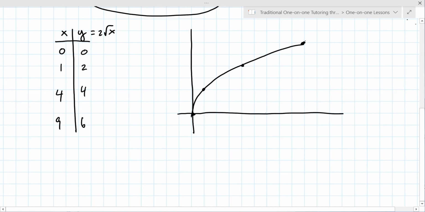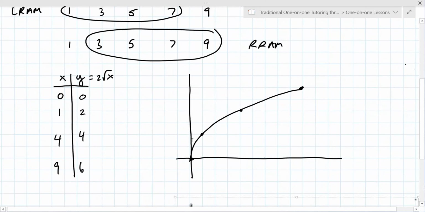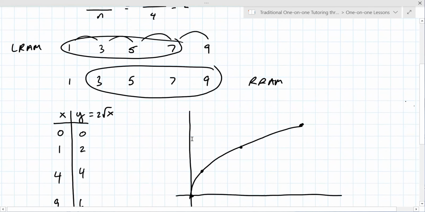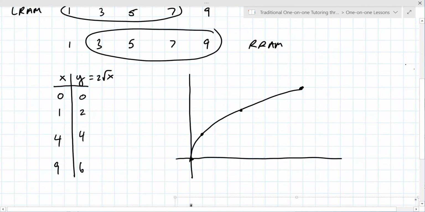Okay, and then let me copy it because we're going to do 2 graphs here. So I have it for the next one. Do you want to do RRAM or LRAM first for the graph? LRAM. Okay. So with LRAM, you start on the left and wherever it hits the curve, and it hits right there. So there's actually no area to that one. But delta x is 2, so make sure you go out 2, because I was about to only go out 1.